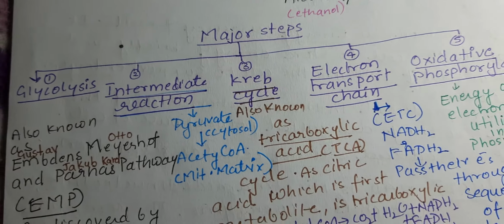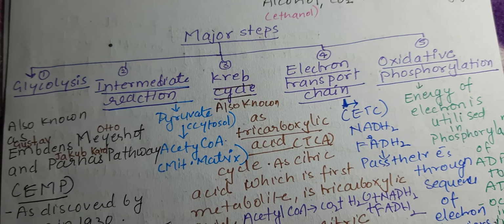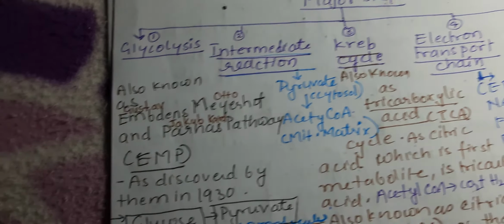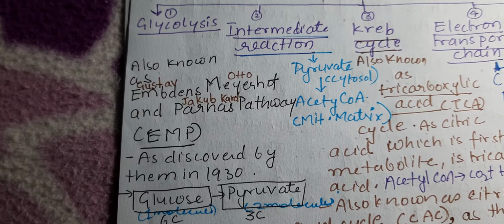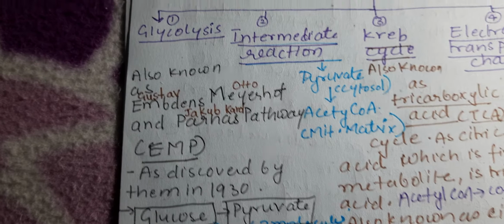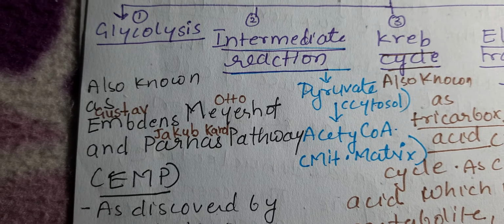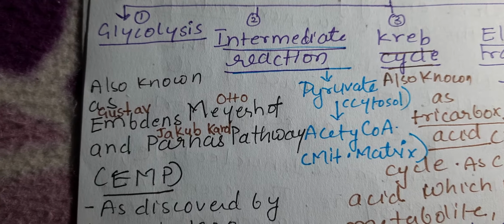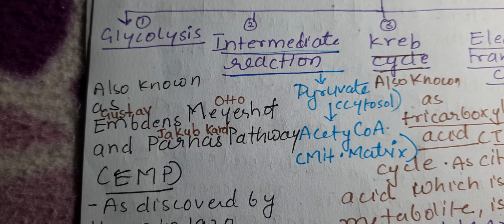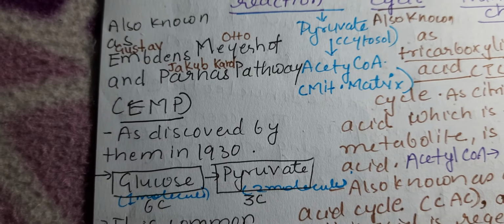The major steps are glycolysis, intermediate reaction, Krebs cycle, electron transport chain and oxidative phosphorylation. Glycolysis is also known as the EMP pathway, as it was discovered by Gustav Embden, Otto Meyerhof and Jakob Parnas in 1930.